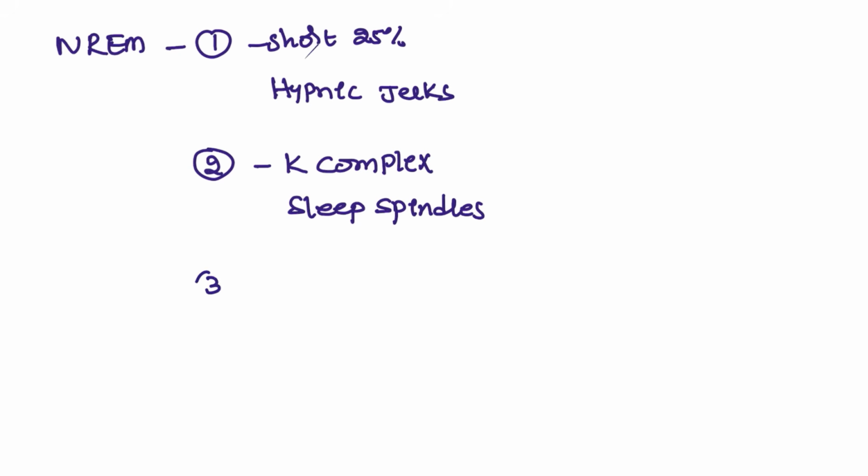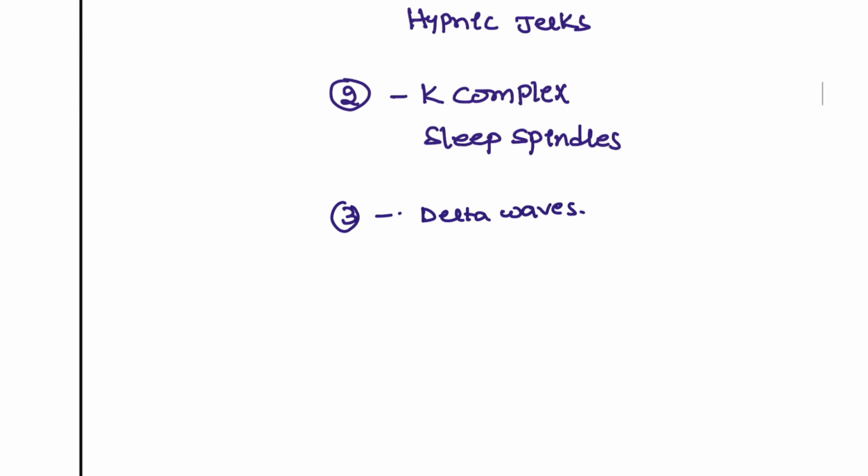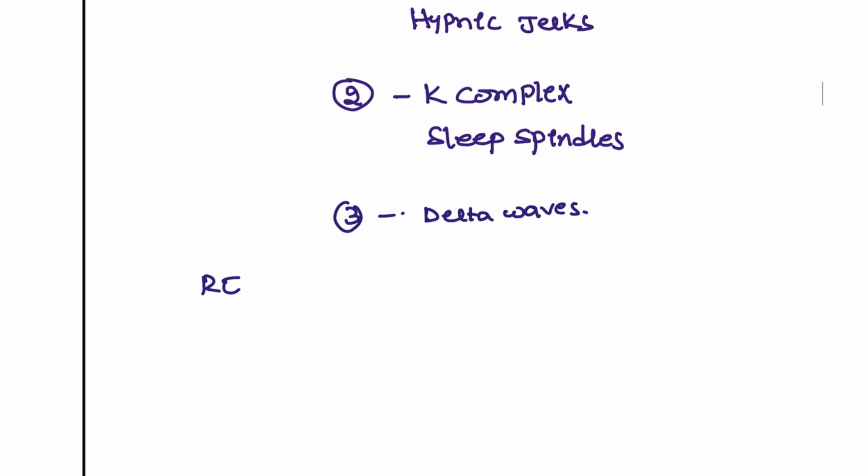So sudden bursts of the EEG waves are seen in this picture. Next, third stage, you are going to have the delta waves, very slow stage of the sleep. This is the delta waves that you are going to see. Followed by this, you are having the REM stage, which consists of the paradoxical sleep.